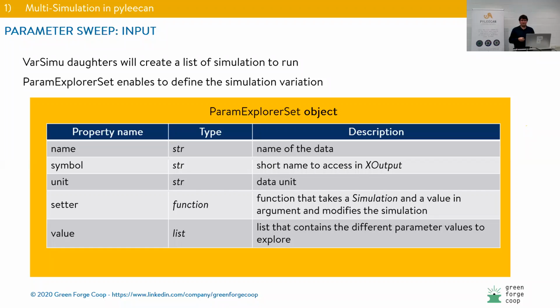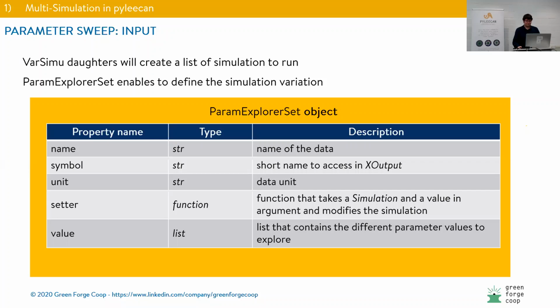Then you have the setter. It's a function that will take a simulation and a value, and that will return an altered simulation. Basically, the simplest way of doing it is just saying, okay, you take a simulation.machine.slot.H0 and you put the value, and you have altered the machine and you return it directly. It's the simplest thing you can do with a setter.